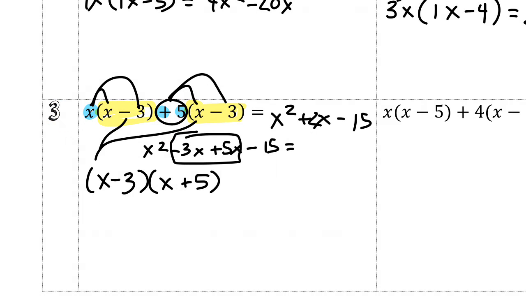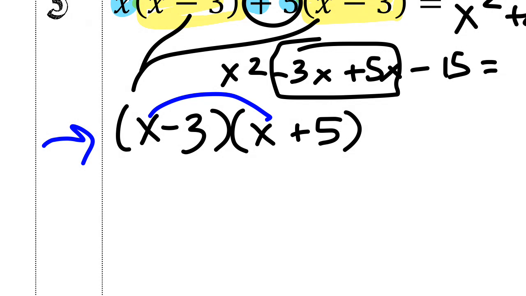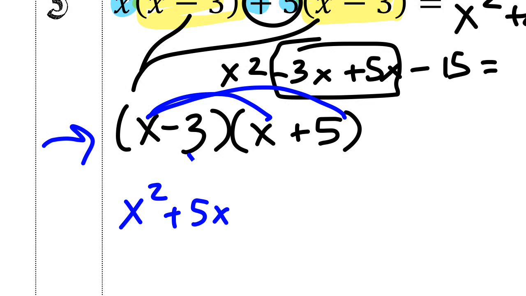Okay, so what I'm going to do next is check to make sure that this expression, when I FOIL it out, actually equals the same amount. So first times first, x times x, x squared. Outside times outside gives me plus 5x. Inside times inside, negative 3x.